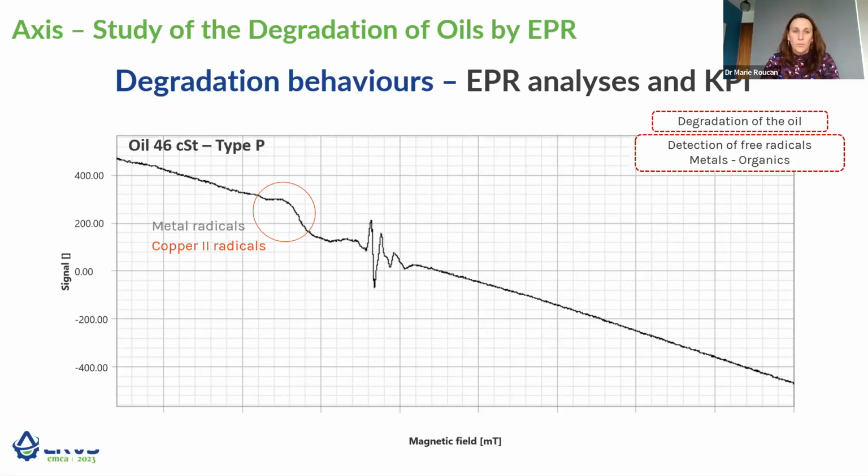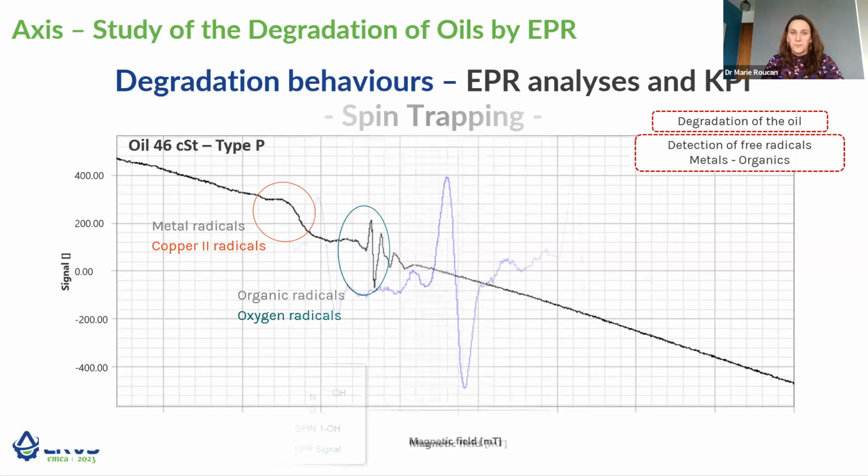For example, in this one, you have some metal radicals. I know from different analyses that they are copper-2 radicals. And here, for example, you can see some organic radicals, and I know that they are oxygen radicals. So you can see both metal and organic radicals in EPR.